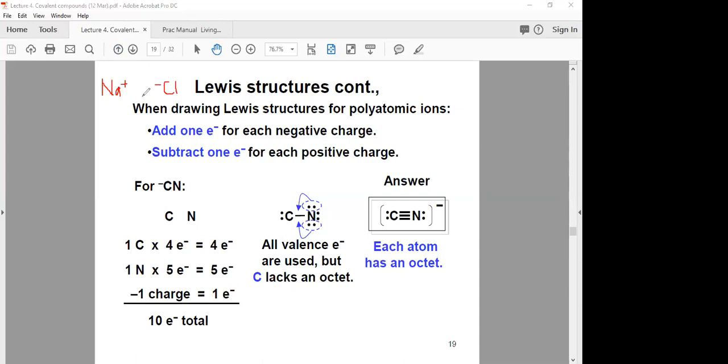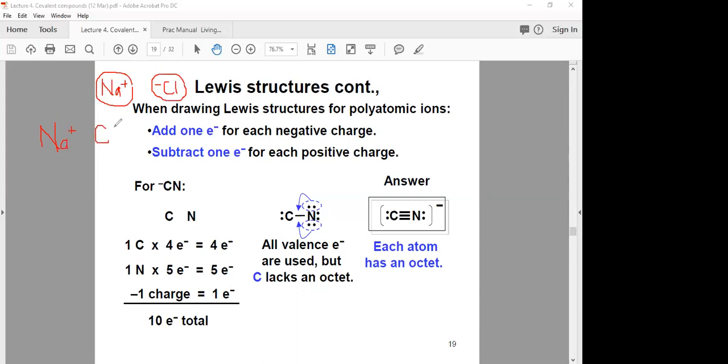Everyone remembers that? So we're talking about charged species that are just single atoms. When they're single atoms, they are charged as a result of gaining or losing one or more electrons.